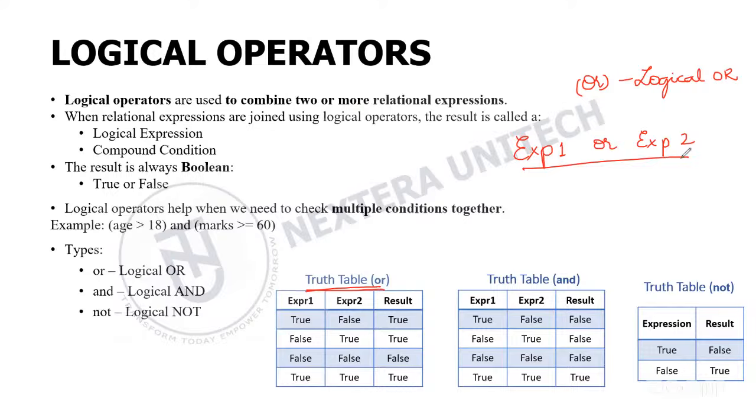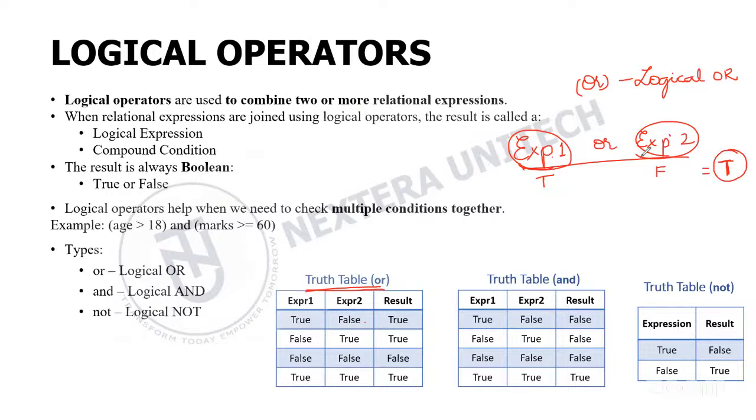So if expression 1 is true and expression 2 is false, we will get a result true. How or mainly works is it will return true if at least one condition is true. So if expression 1 or expression 2 or both expressions are true, then you will get a true value.